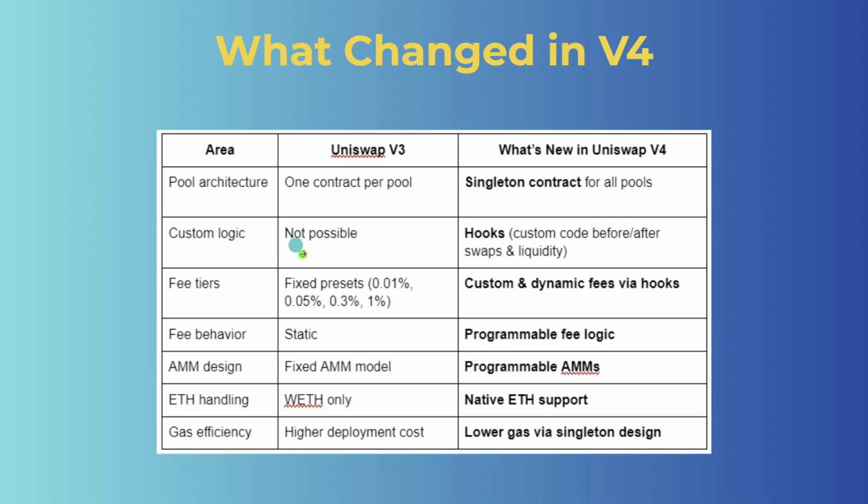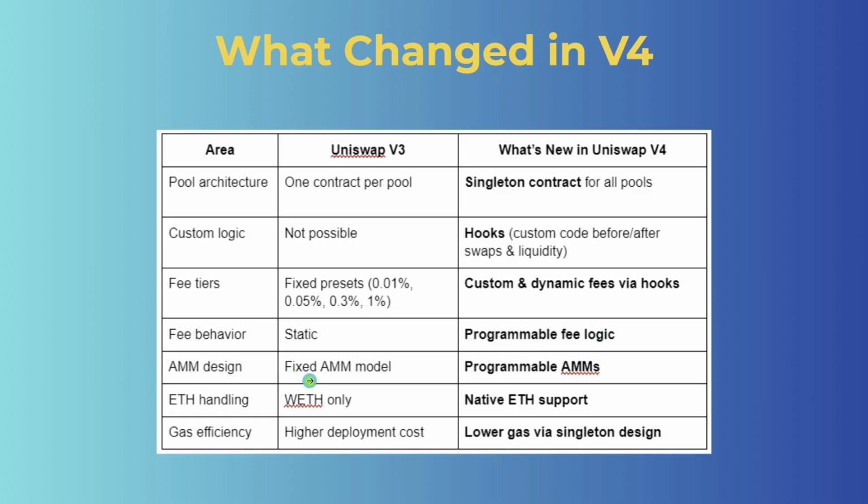Custom logic was not possible in V3, while in V4 hooks have been introduced, which is custom code that can be executed before and after swaps and liquidity changes. The fee tiers were fixed presets, from 0.01% up to 1%. Here you can have custom and dynamic fees via hooks. Fee behavior was static; here you can have dynamic and programmable fee logic.